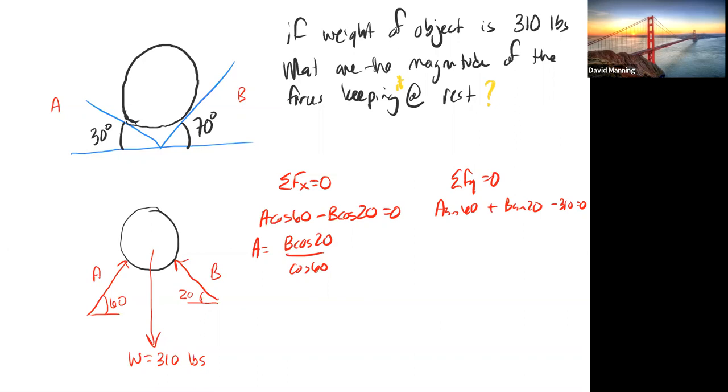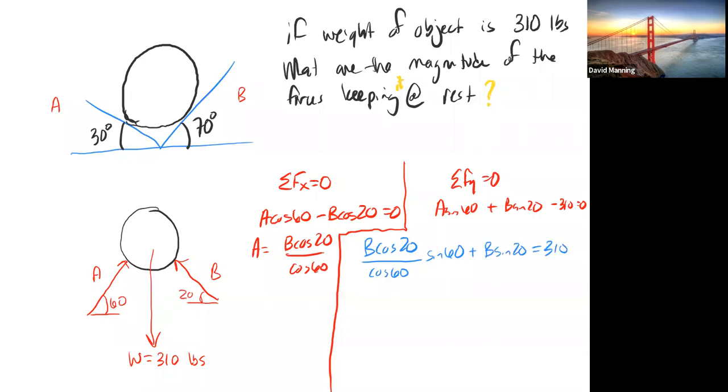I'm going to substitute A in. We'll do it in a different color. So B cosine 20 over the cosine of 60 times the sine of 60 plus B sine of 20 equals 310. B cosine 20 sine of 60 over the cosine of 60 plus the sine of 20 equals 310.